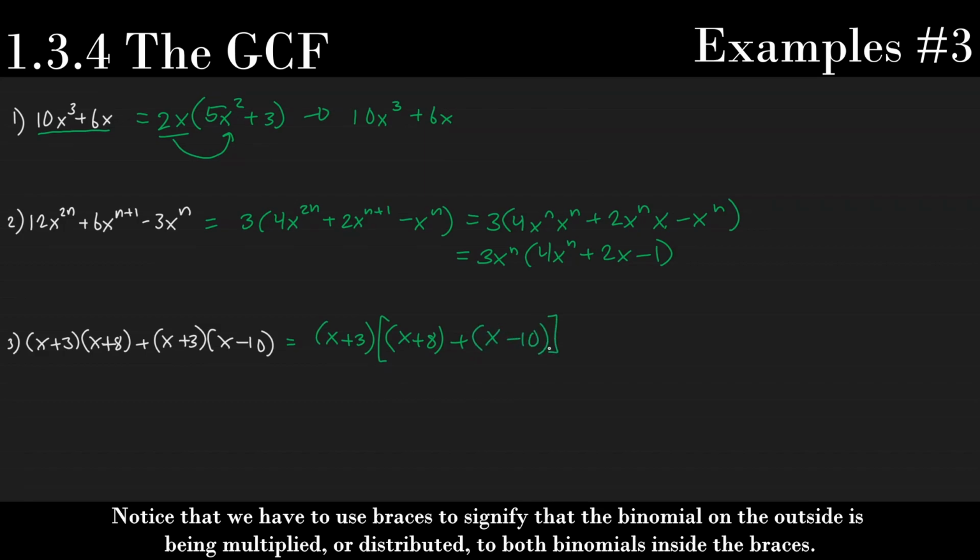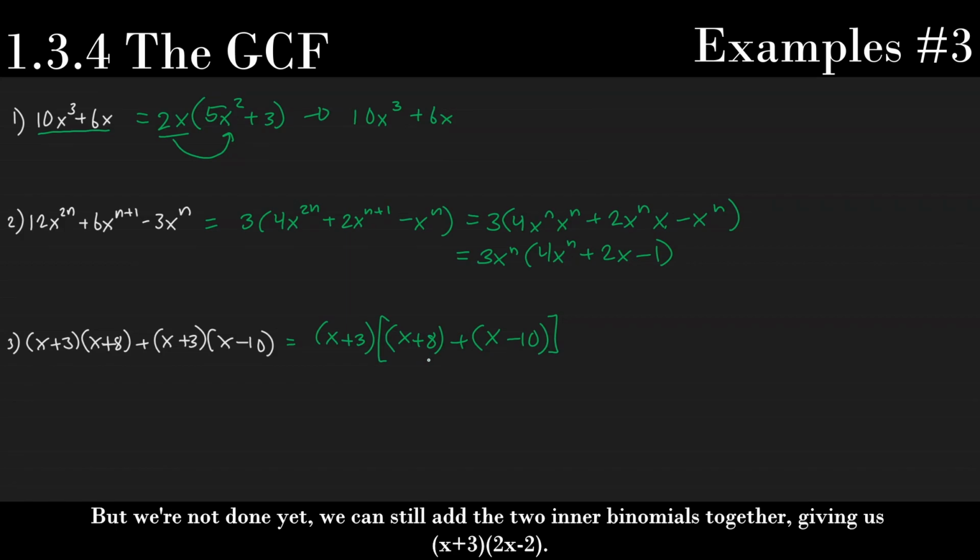Notice that we have to use braces to signify that the binomial on the outside is being multiplied or distributed to both binomials inside the braces. But we're not done yet. We can still add the two inner binomials together, giving us x plus 3 times 2x minus 2.